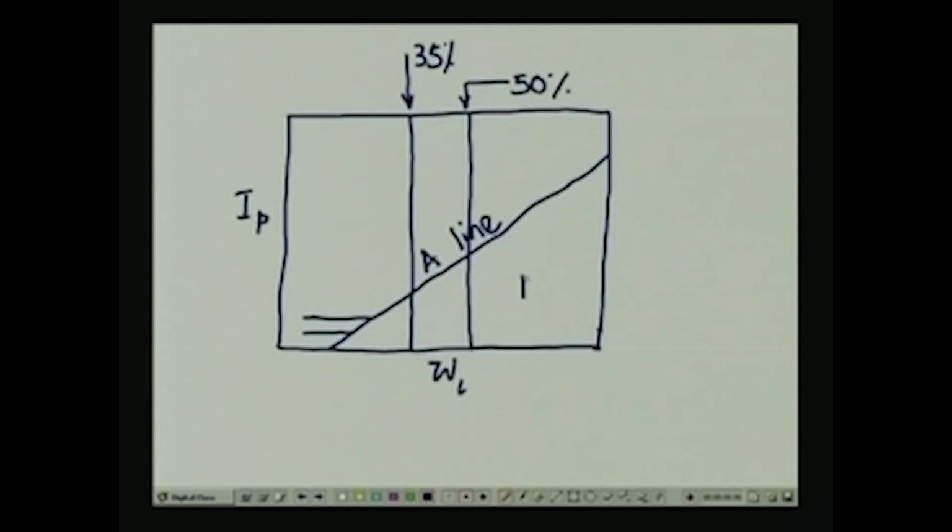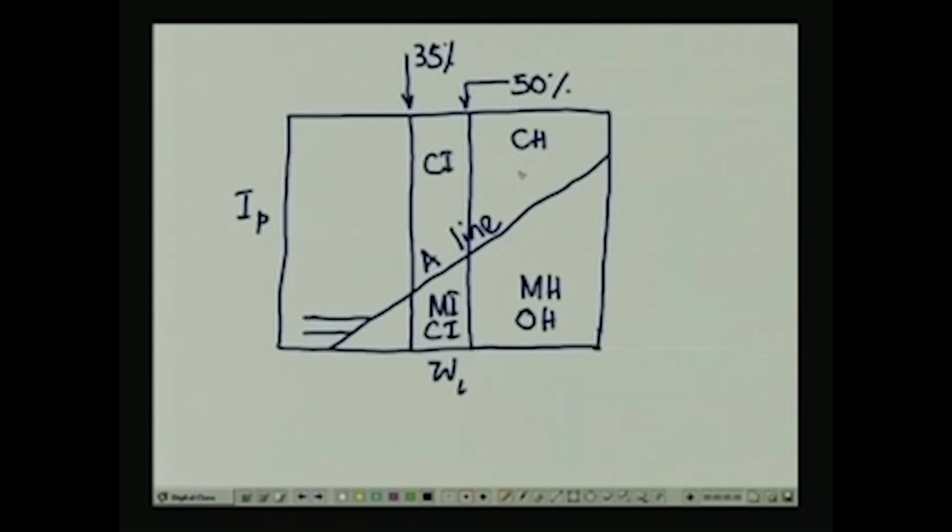And you recall that this zone here is MH, OH, whereas this one is CH, and so on and so forth. So, there are several different classifications depending on which zone you are falling in.